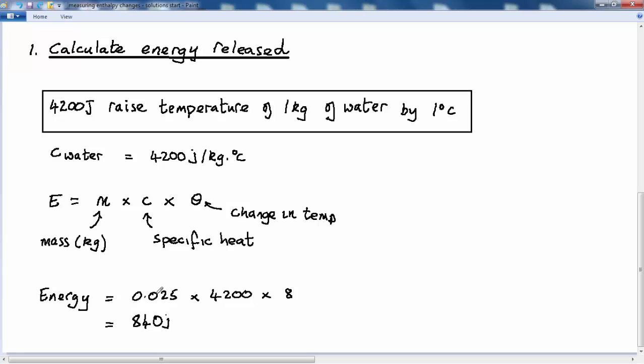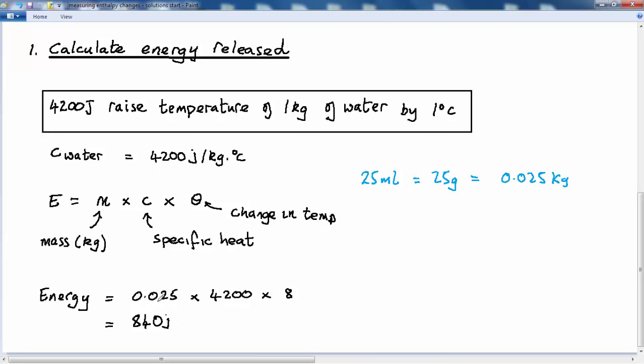we find out that the energy is... So remember, this is really important, that the mass of water is measured in kilograms, not in grams. So we've got 25 milliliters of water, which is equal to 25 grams of water, which is equal to 0.025 kilograms of water. So that's the figure we put into our equation.